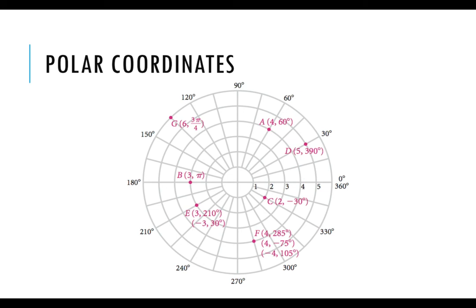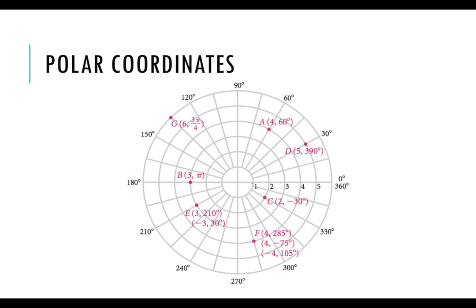B is the point (3, pi). So if I go to 3, 1, 2, 3, and then I rotate an amount pi, where I land is the point B. The point C, go a distance of 2, go a rotation of negative 30 degrees. That's a clockwise rotation, and we get to the point C.